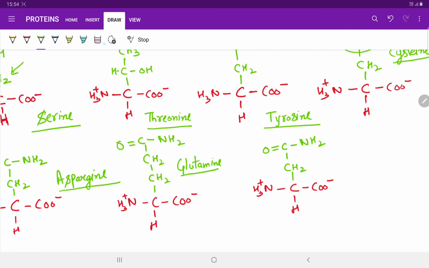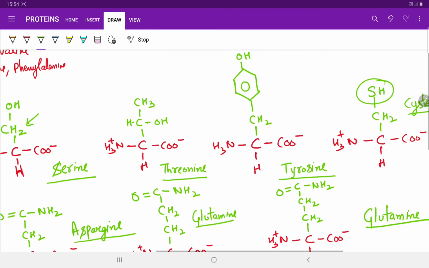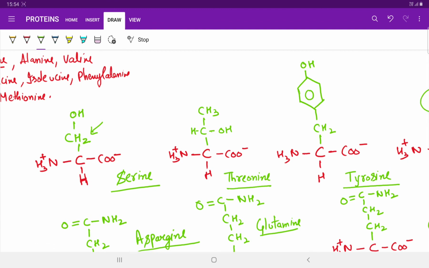Addition of a CH2 group, then what is formed? Glutamine is formed. Now this is the structure of glutamine. I hope students now you can easily draw the structure of 13 amino acids.